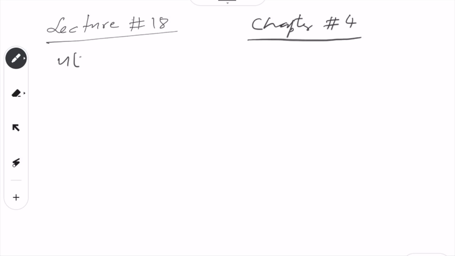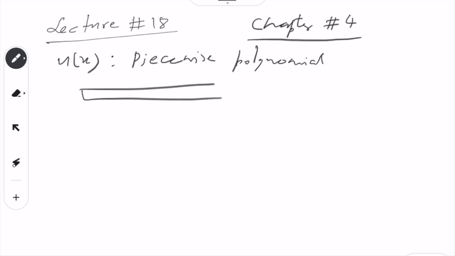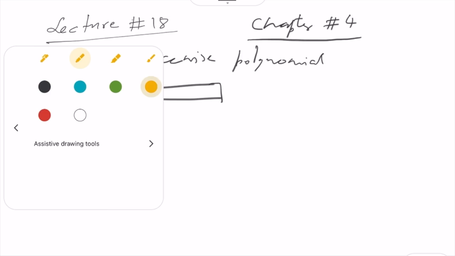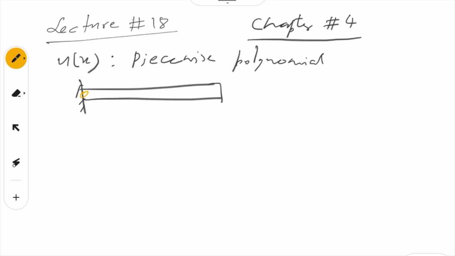So, u(x) we have seen as a piecewise polynomial. One domain we are dividing into a number of elements.